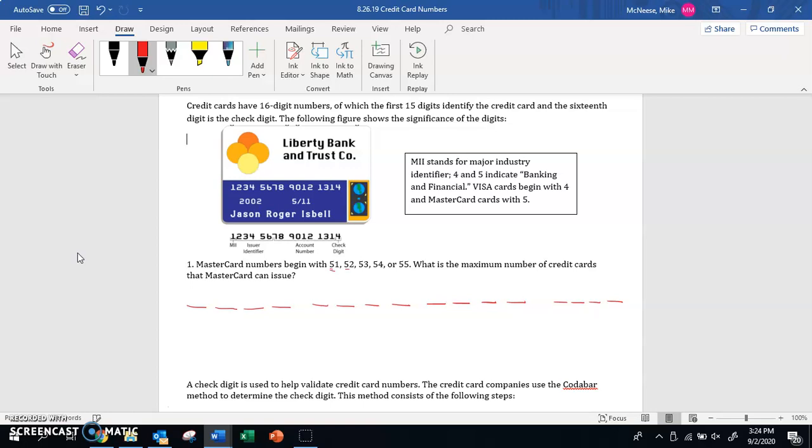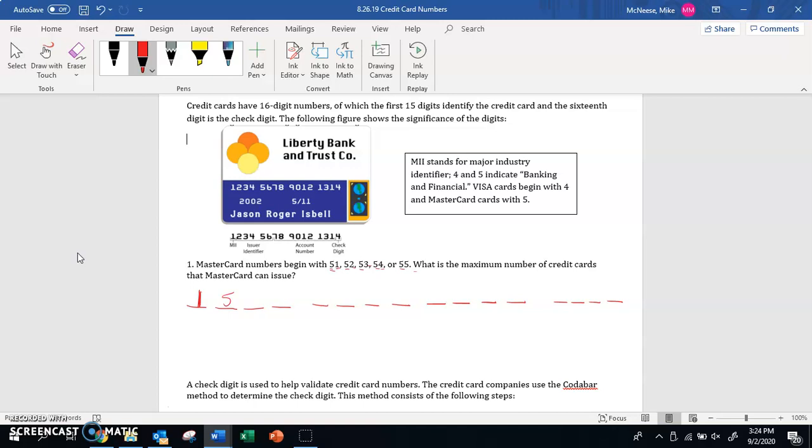Well, if you notice, the first digit on each of these is the same. It's just a 5. So that first digit in this card number only has one option. Okay? It's a 5. And then the next number, it could be 1, 2, 3, 4, or 5. So the second digit has 5 options.